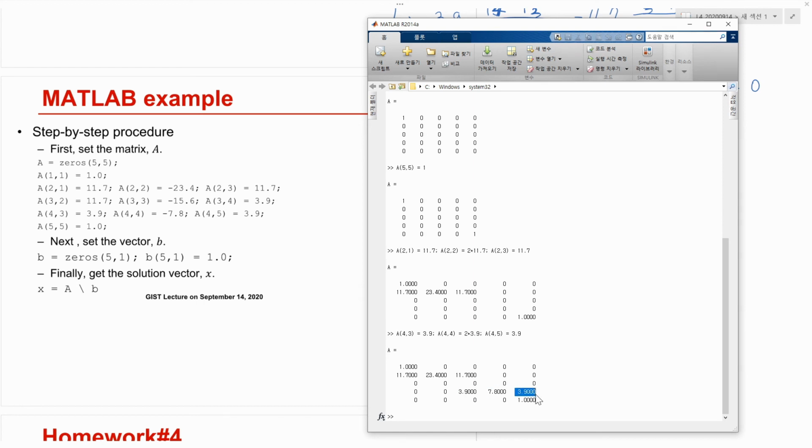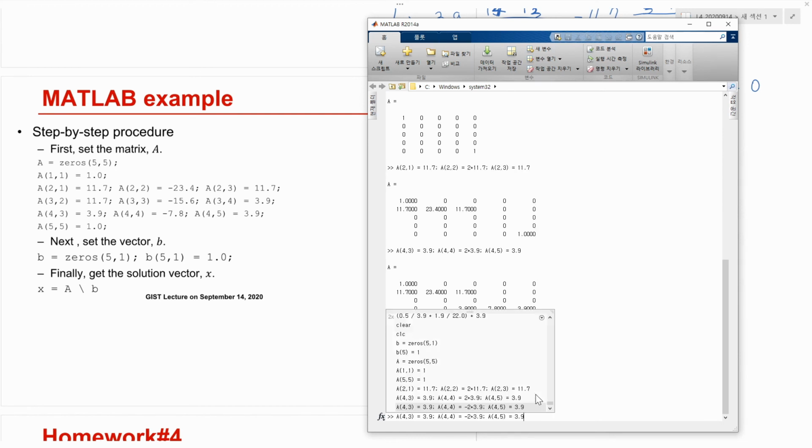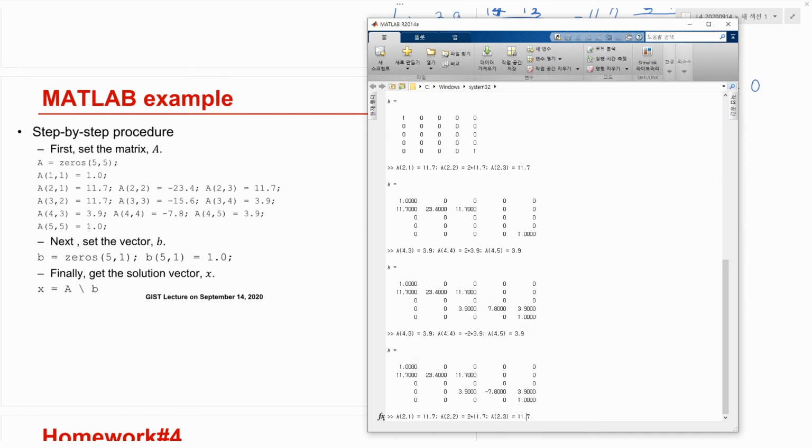Oh, I made a mistake here. We have to have a negative sign for this and also a negative sign for this. Oh, I made a really big mistake here. We have to have a minus and minus sign.